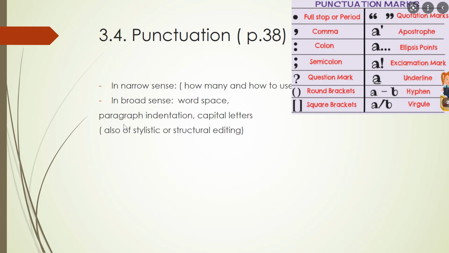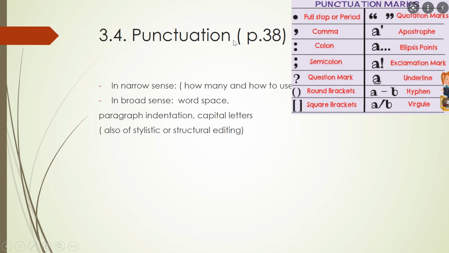Now let's come to the punctuation discussions. Punctuation can be understood in two types of senses. In the narrow sense, there are, let's say, more than 10 types of marks. Look at the picture on the top corner of the screen. Here we can say that there are a period, a comma, a colon, until a hyphen.